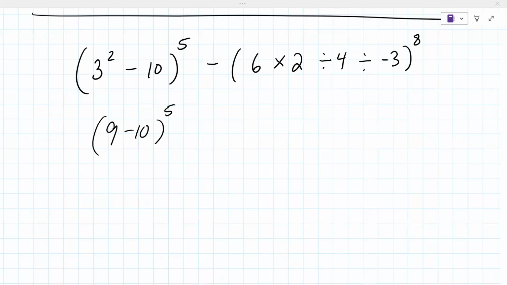It is never 0. 9 minus 10 is never 0. If you have 9 and someone takes away 10, they're taking away an extra one. Or if you look at it through money, if you have $10 and you subtract 9, there's one left over.